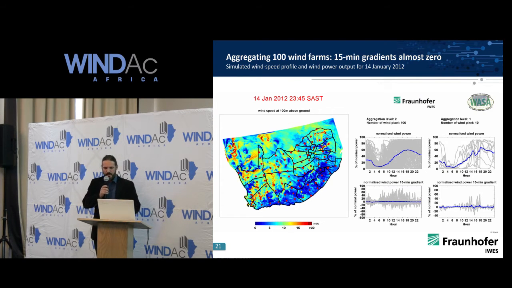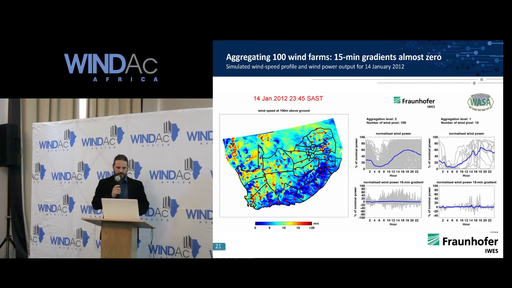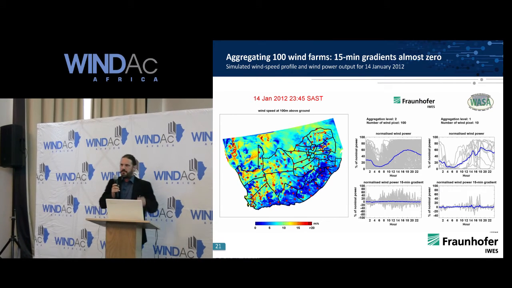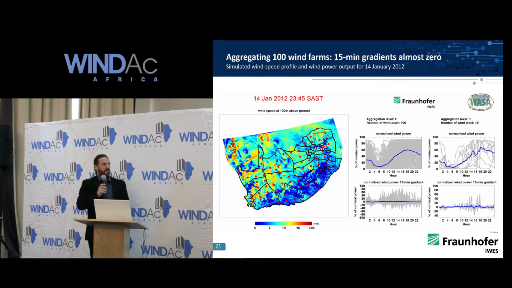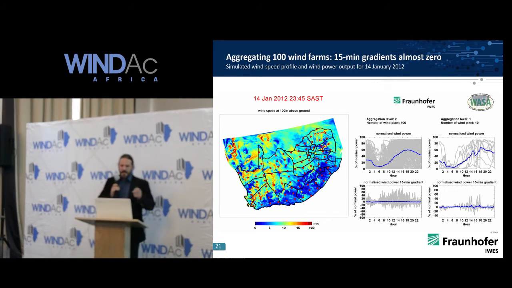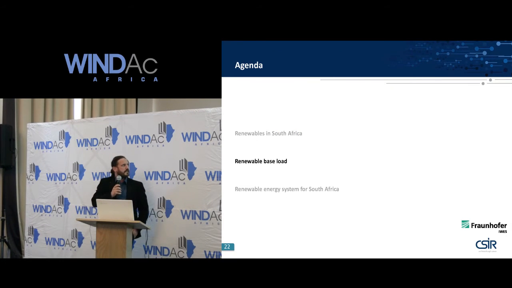That means, regarding spatial planning, it can be spread around the country. It's very important not to install every installation at a single point or a single region, but spread it over the country. Then there is no problem with gradients in the grid on a system level. It may be different for single substations or something like that, but on a system level we do not have a problem. This is the starting point for the next slides.